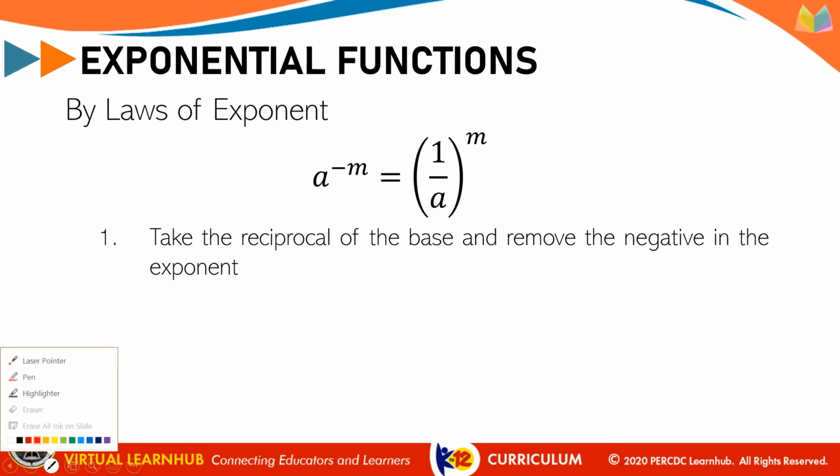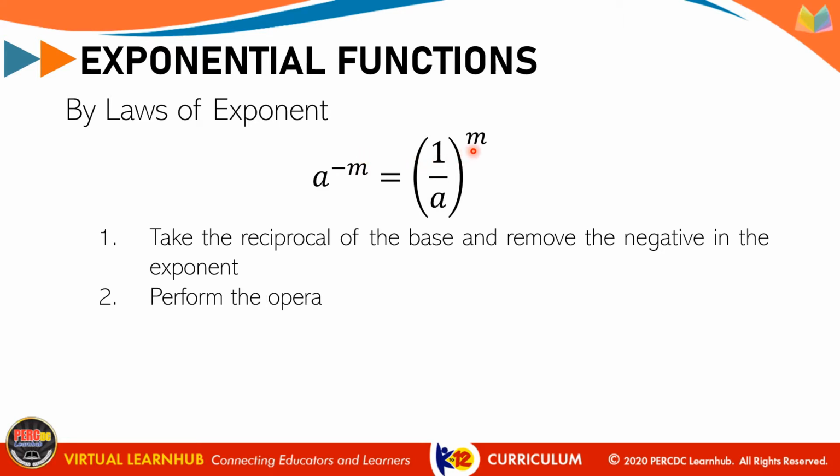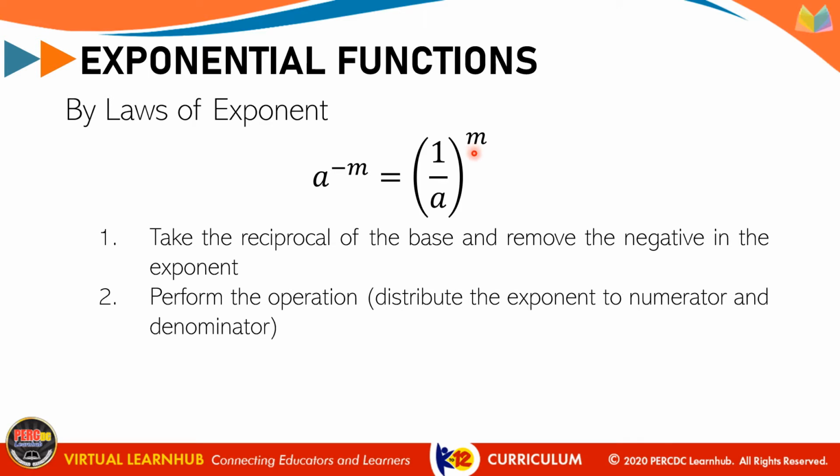So, from this example, we take the reciprocal of a, and that is 1 over a. And then instead of negative m, we remove the negative sign and remain m. And second, we perform the operation. Or in other words, we distribute the exponent to the numerator and denominator.